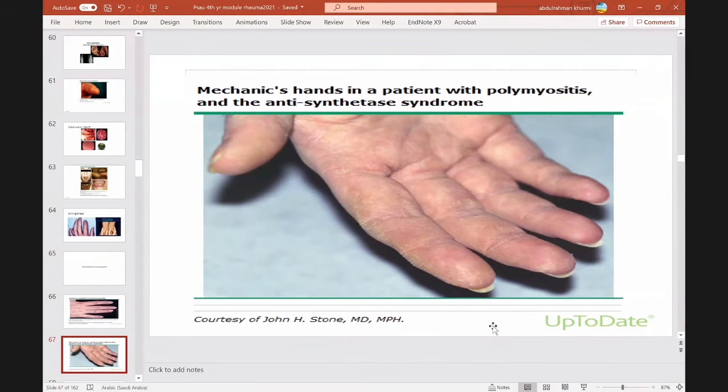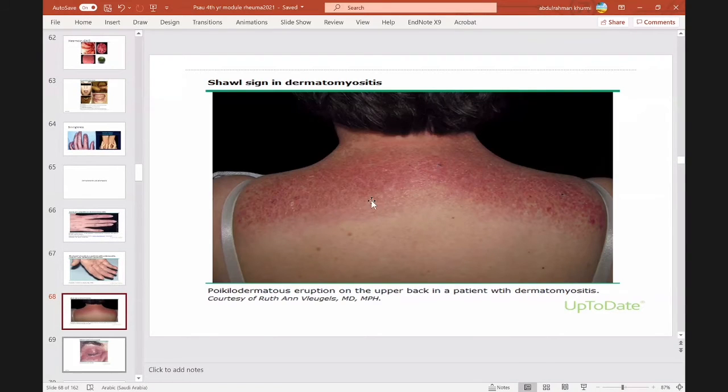And this is what we call mechanic's hand, seen with one type of polymyositis called antisynthetase syndrome. You can see the fissuring of the hands, of the nails, of the fingers. This is a well-known sign seen in dermatomyositis called the shawl sign.